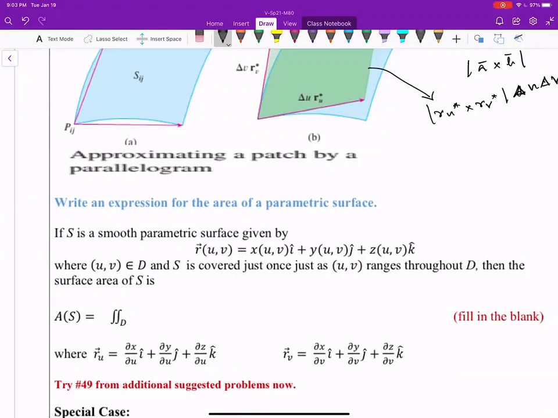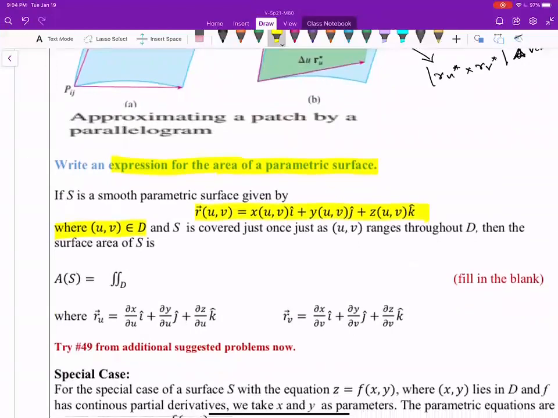We are doing the surface area for a parametric surface. So let's write an expression for the area of a parametric surface. If S is a smooth parametric surface given by R of uv equal to x of uv i plus y of uv j plus z of uv k, where (u,v) belongs to D and S is covered just once as (u,v) ranges throughout D, then the surface area of S is given by A of S equal to the double integral.